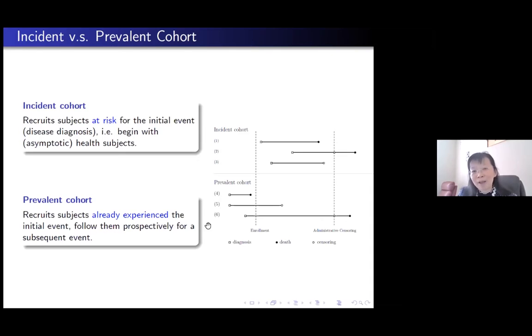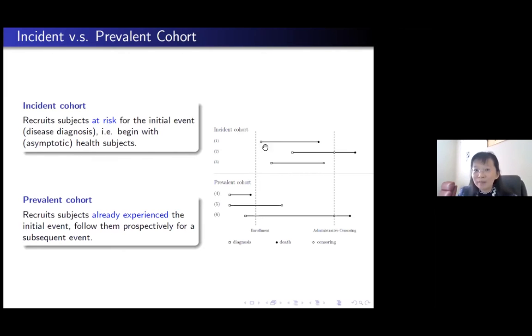Assume we want to evaluate the survival duration for breast cancer subjects. If we use the incident sampling, we will sample a group of asymptomatic, healthy but at high risk subjects into the follow-up study.